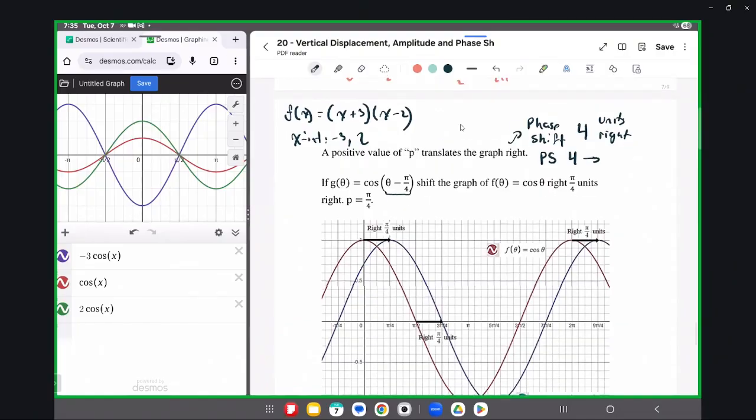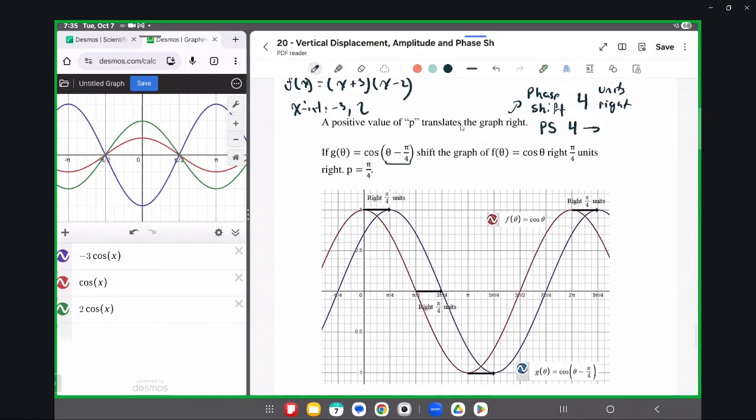Okay, and so what does it mean to shift pi over 4? Well, this red function is the base graph, y equals cosine theta, and here's the normal graph. The reason why I made such a big deal about making sure that you committed that to memory back in lesson 10 was for these kinds of occasions.